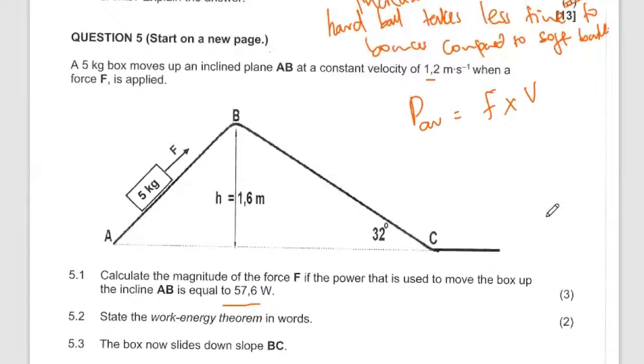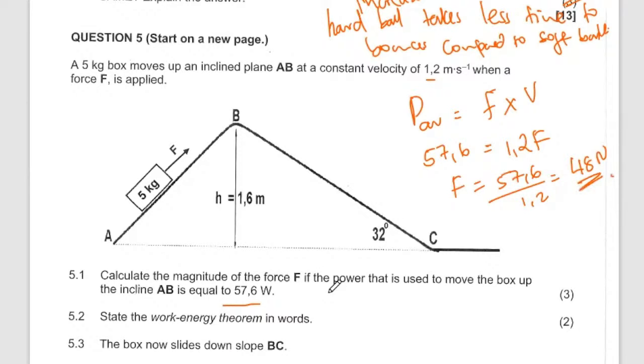Okay. So we have our power, we have our velocity. So we're going to have 57.6 is equal to the velocity, which is 1.2, times F. Then divide both sides by 1.2. So 57.6 over 1.2 gives 48 newtons. Okay, so this is the magnitude of the force that's pulling this object.